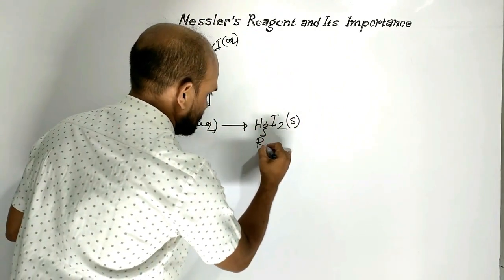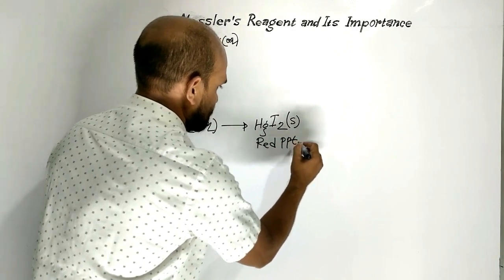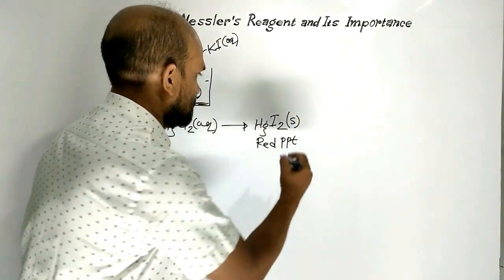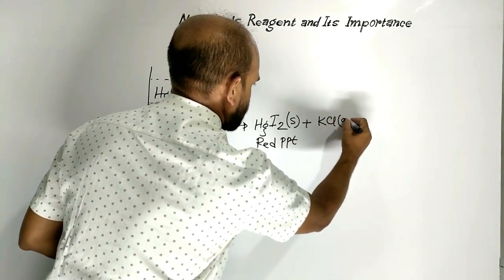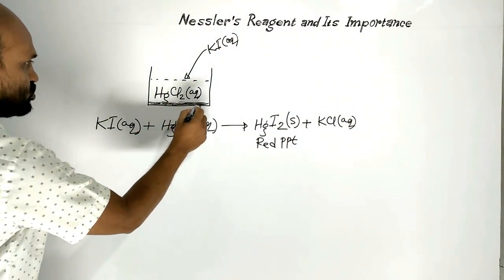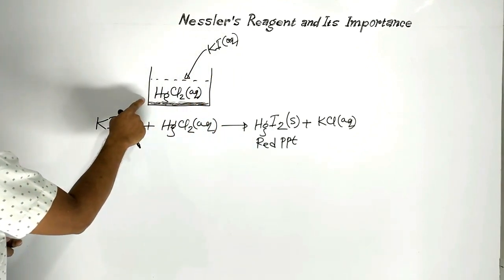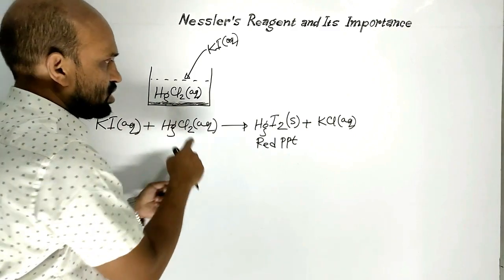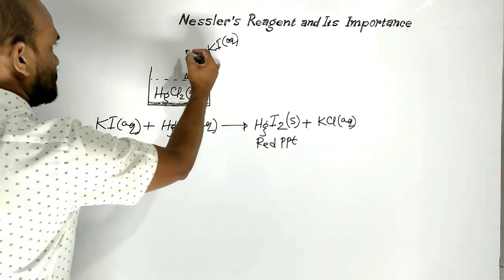This is a red precipitate, and potassium chloride is formed. So, with the addition of potassium iodide to the mercury 2 chloride, a red precipitate of mercury 2 iodide is formed.